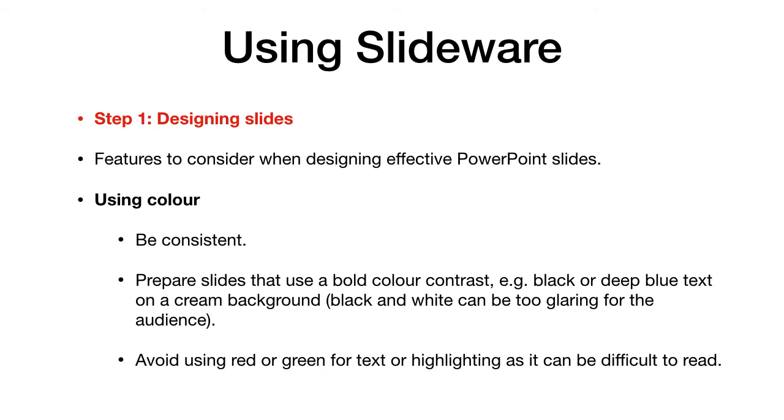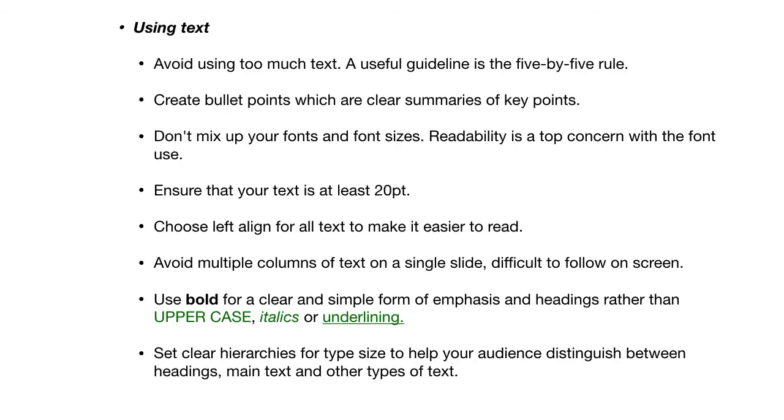If you would like to use the red color for your text, okay, that's fine if it comes with the topic and is short. Next, in terms of using text, avoid using too much text. A useful guideline is the 5 by 5 rule. What is it?